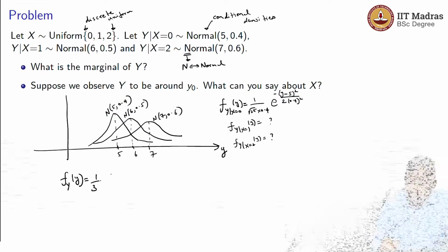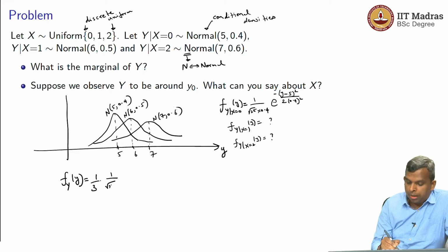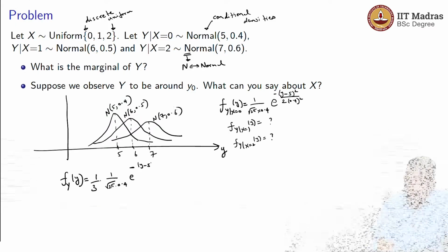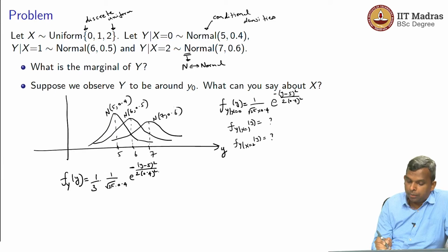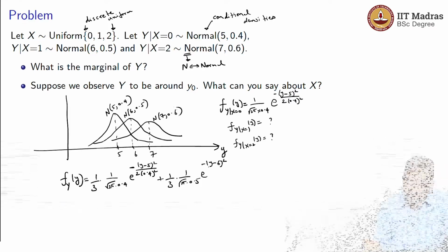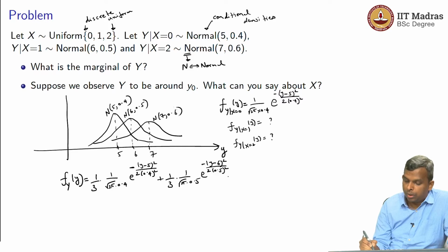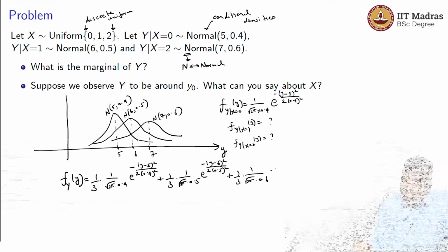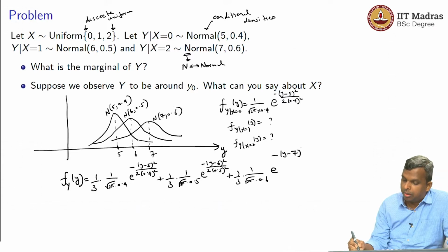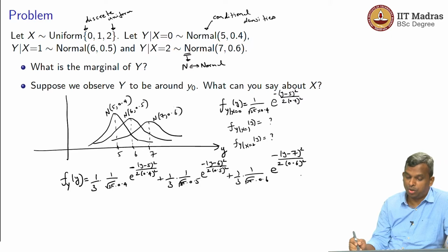So 1 by 3 times 1 by root 2 pi times 0.4, e power minus (y minus 5) squared by 2 times 0.4 squared, plus 1 by 3 times 1 by root 2 pi times 0.5, e power minus (y minus 6) whole squared by 2 times 0.5 squared, plus 1 by 3 times 1 over root 2 pi times 0.6, e power minus (y minus 7) whole squared by 2 times 0.6 squared. So this is the marginal distribution of Y.